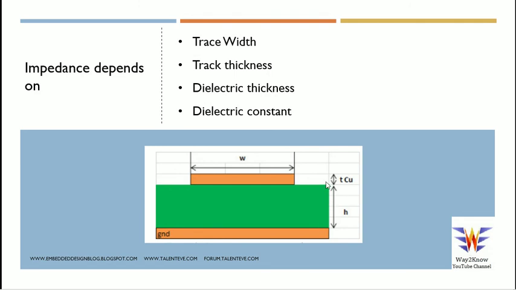It also depends on the dielectric thickness that is used, and the kind of dielectric material that is used, and these dielectric materials have a property called the dielectric constant. All these parameters determine the impedance of a PCB. There are a number of impedance calculators available online for free, where you can determine the impedance of the PCB and do the PCB layout.